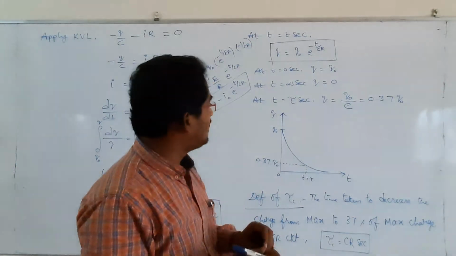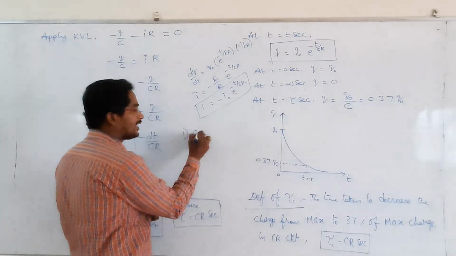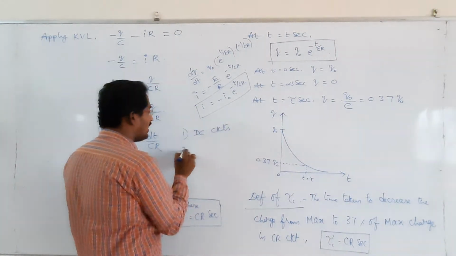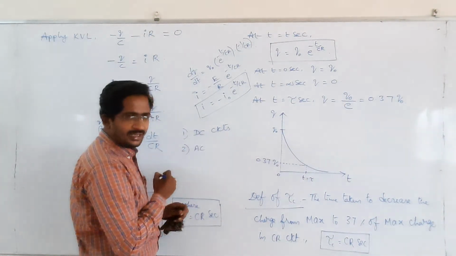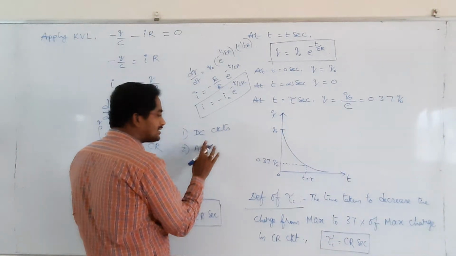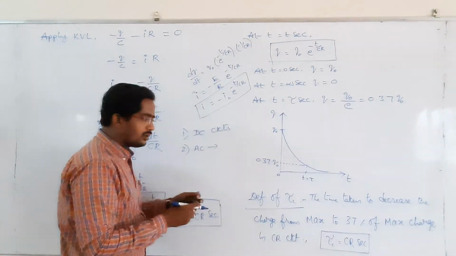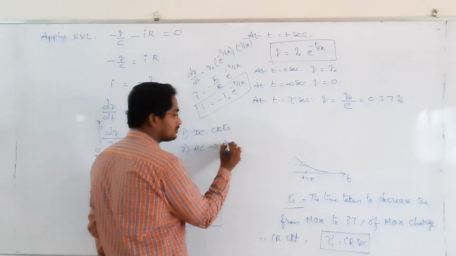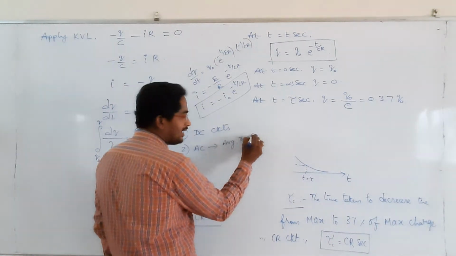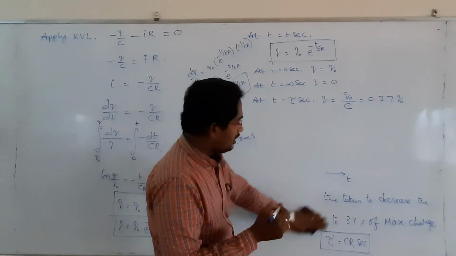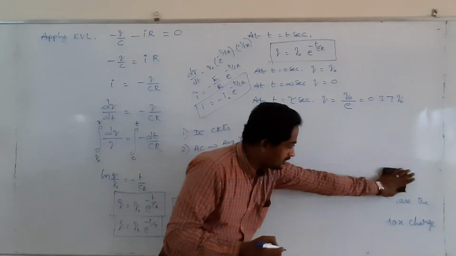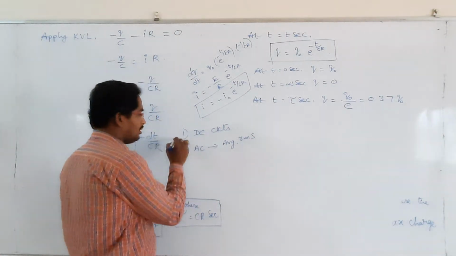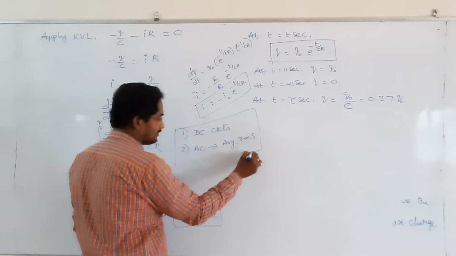For this weekend exam, the syllabus is DC circuits and AC alternating current. In that chapter we are going to study definitions like average current and RMS current. These are the topics for this weekend exam.